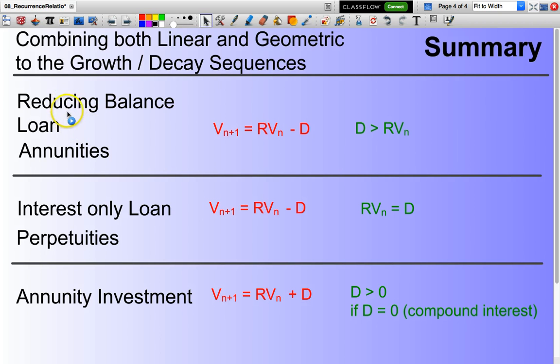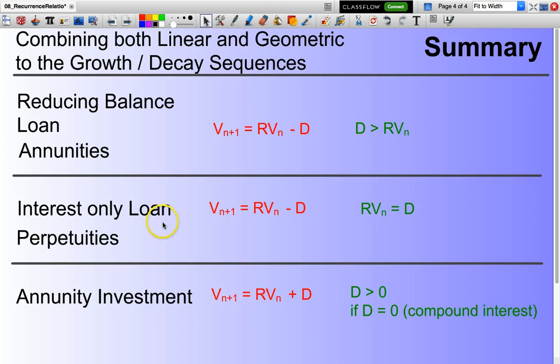The reducing balance loan, or possibly what you know as a home loan. That is where you borrow some money and then you look to pay it off over a period of time. An annuity. This is a situation where you invest a lot of money and then you will withdraw or redraw from your investment.